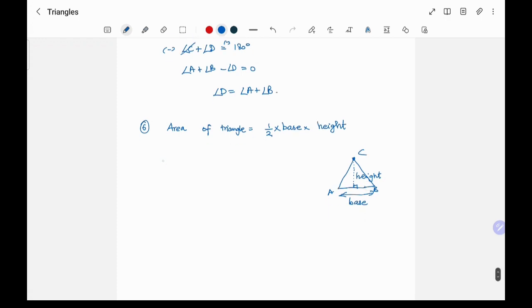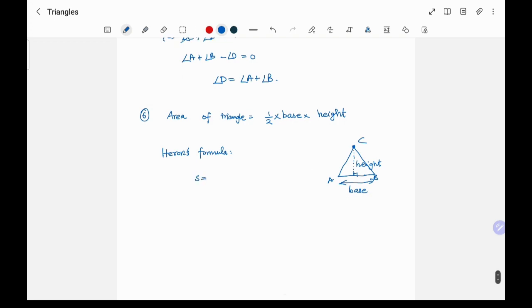There is also another formula called Heron's formula. For this we need to define another parameter called S. This is called the semi-perimeter of the triangle. Perimeter is nothing but the sum of all sides. So let's say P is a plus b plus c.